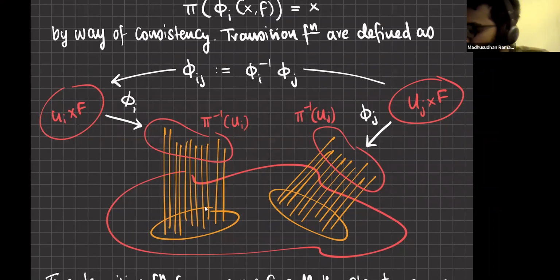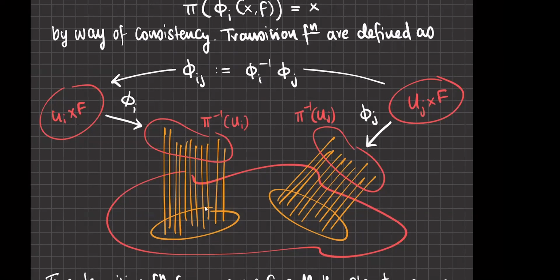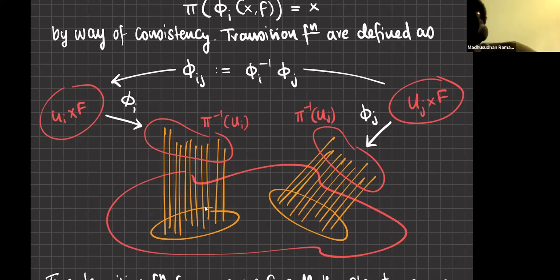So what I want to do is phi inverse j, that goes here, then phi. What am I doing? Hold on one second. Looks like you have the left action, right?